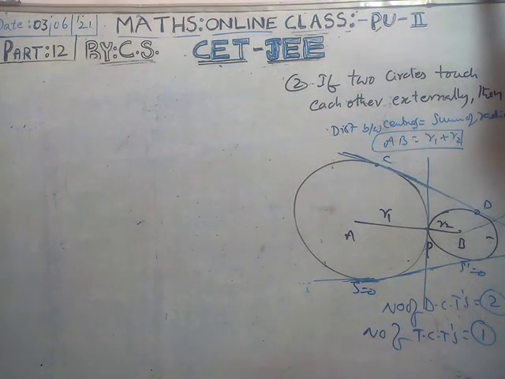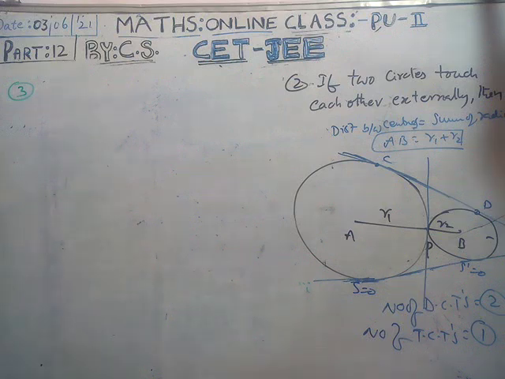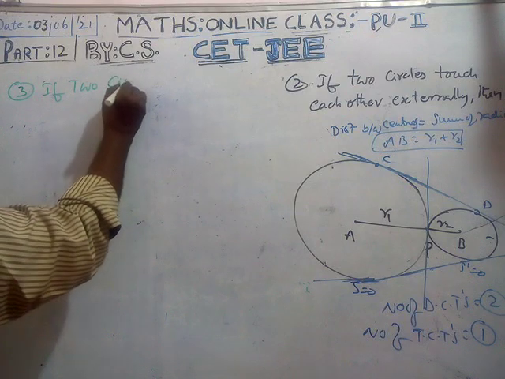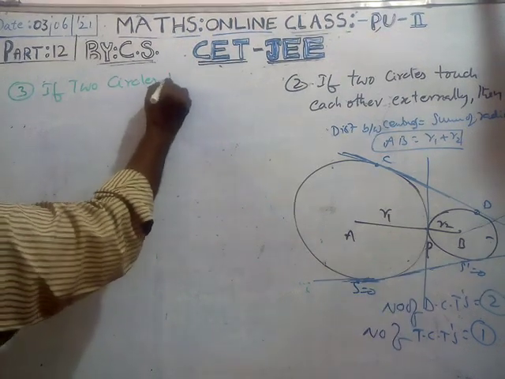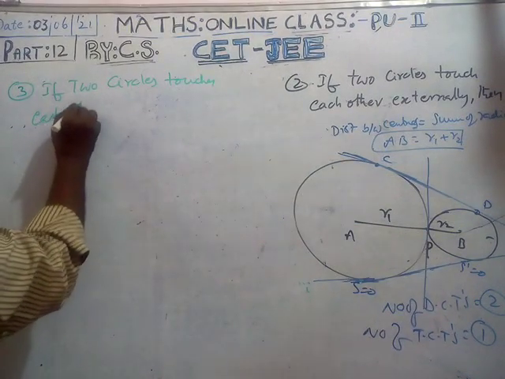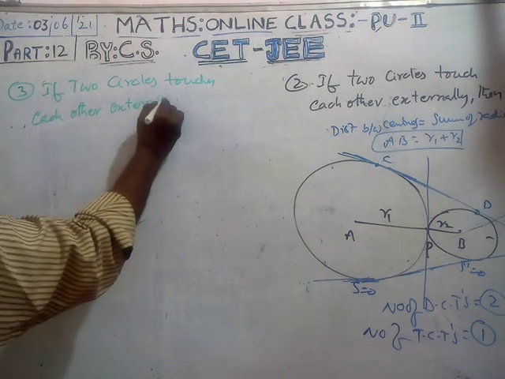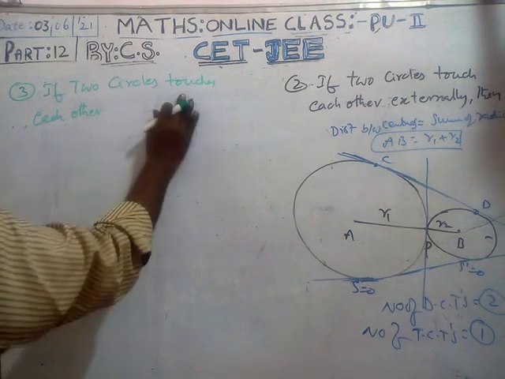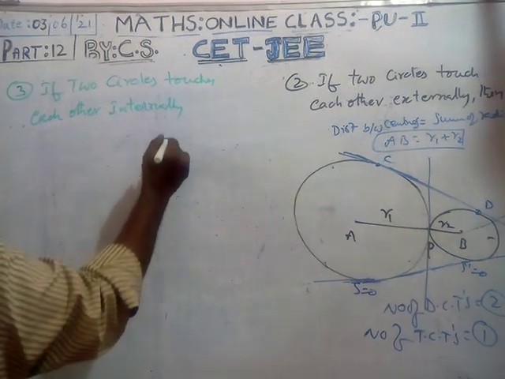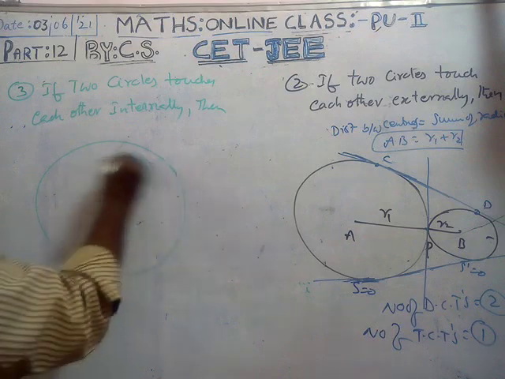Third one. We say if two circles touch each other, not externally, internally, then consider it is a big circle.